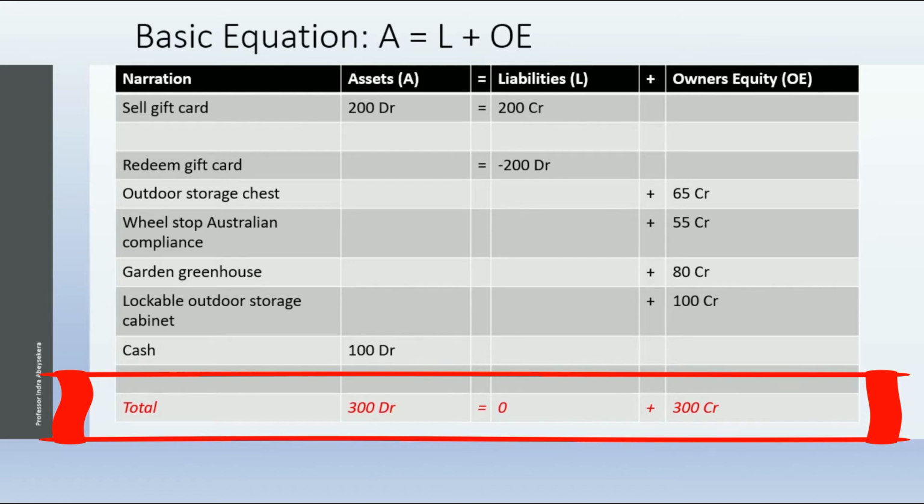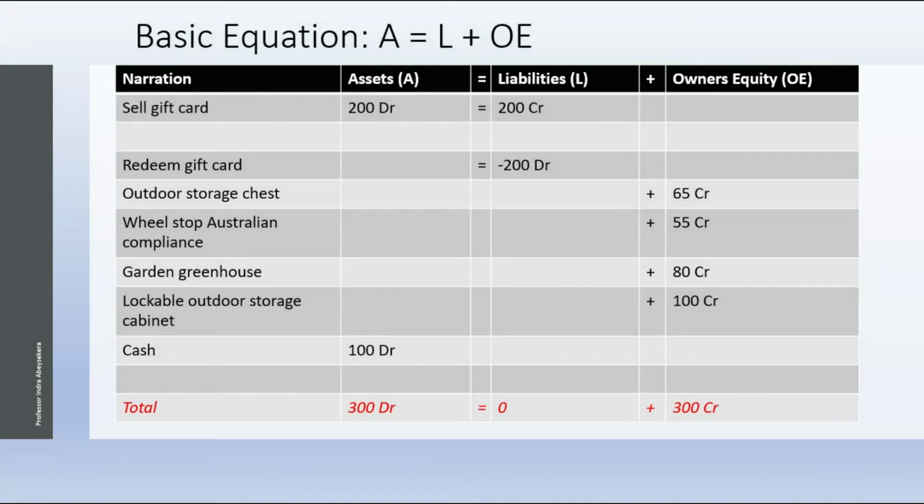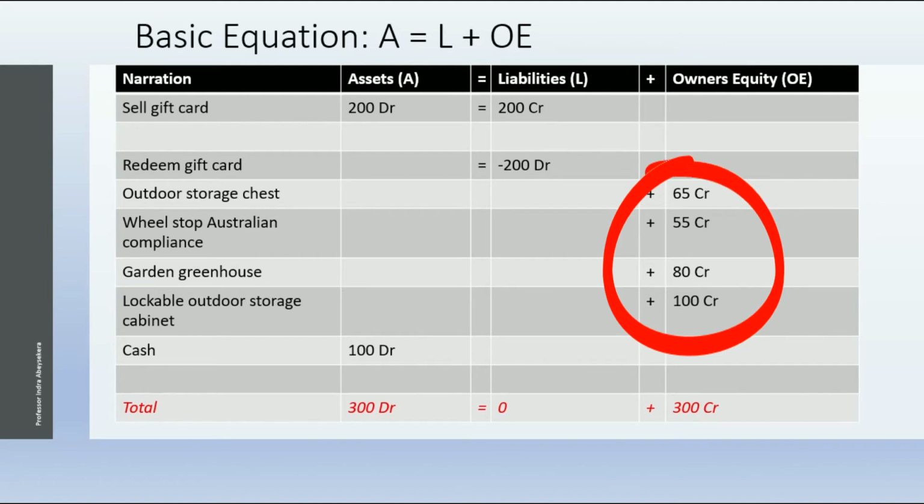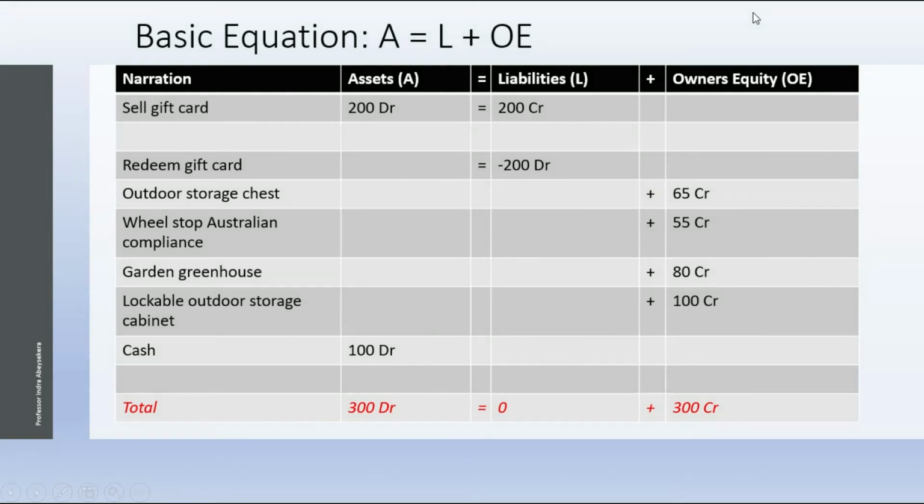So when items were sold, owner's equity increases because the earnings belong to the owners. So the enterprise's asset position increases. Therefore, owner's equity is increased when the items were sold.